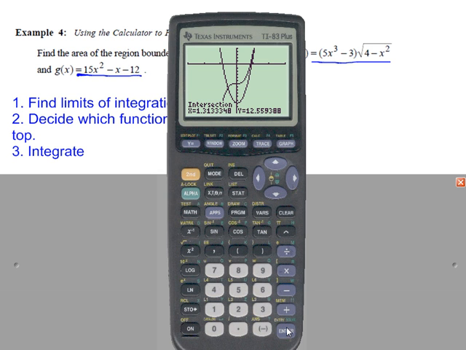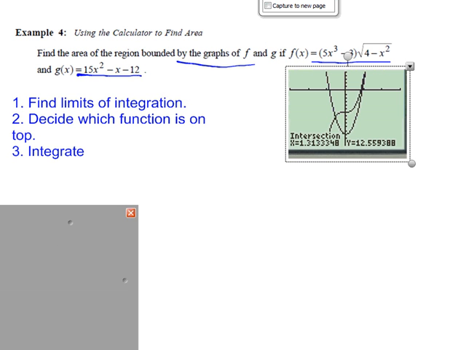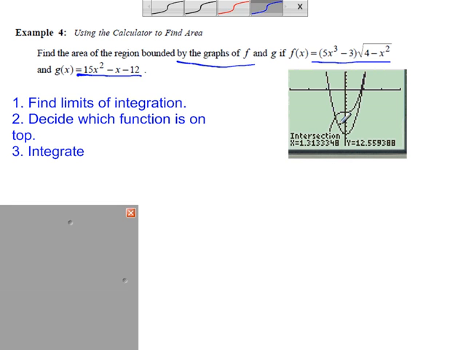And we get my other intersection point, which is x equals 1.31. Okay, so given that, we're looking for the area between those two graphs. We find out that they intersected at negative 0.53 and at 1.31.